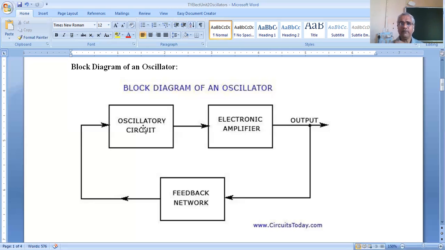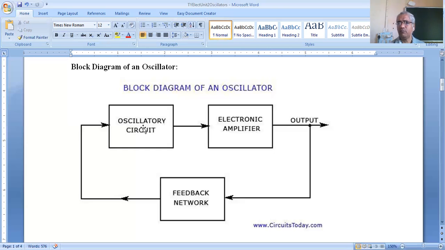So in order to have a sustained oscillation, energy must be provided to the tank circuit in the correct phase, so that the oscillations are maintained in the circuit. The feedback circuit takes some part of the output, and this part of the output is fed back again to the tank circuit in the correct phase, so that this feedback network is called the positive feedback network.